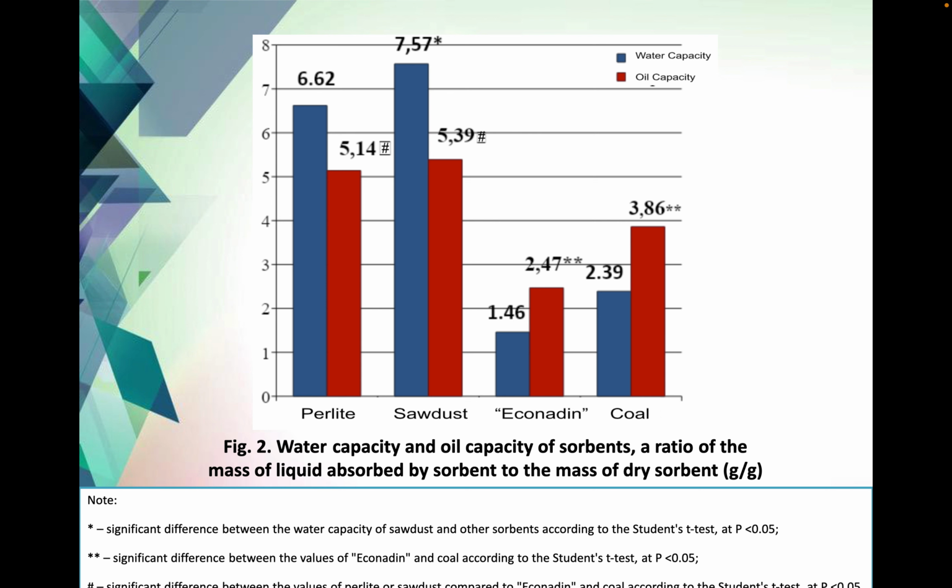At the same time, perlite and sawdust have high water absorption capacity compared to econidin and coal. Therefore, according to this indicator, the use of econidin and coal is more rational, or it is necessary to hydrophobize sawdust and perlite, which will also allow them to be used more efficiently.